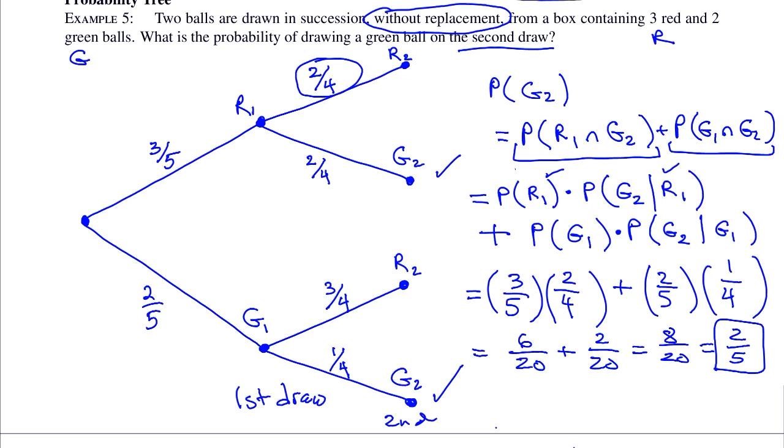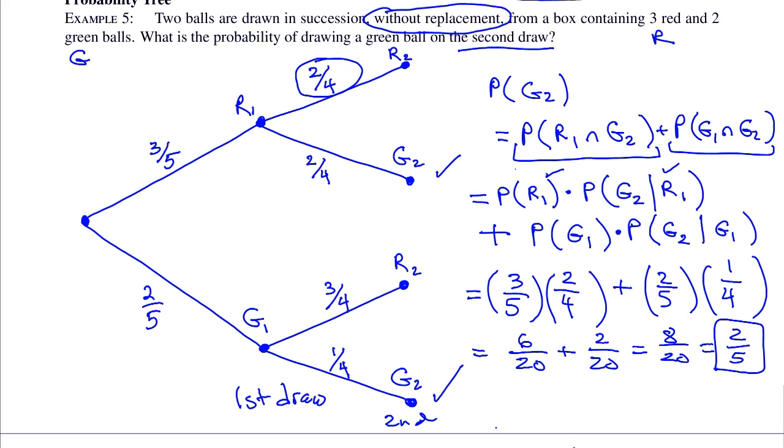If you sort of pretend like this cancels, what are you left with in this first piece? G2. Hey, that's what you want. G2, right? And if this sort of cancels, what are you left with? G2. So you're adding up the different probabilities based on the different ways of getting to G2. There are 2 ways to get to G2. You either go through a red ball or you go through a green ball.